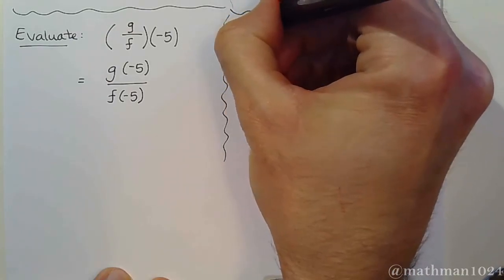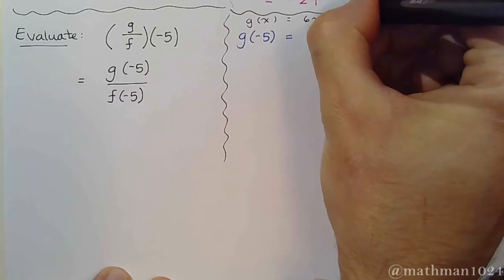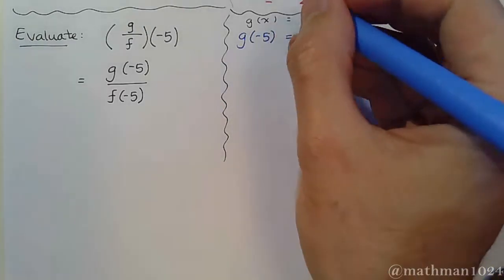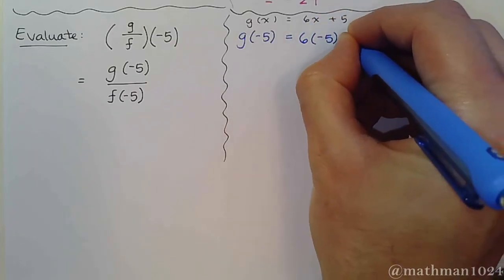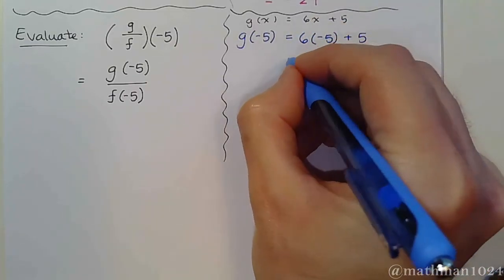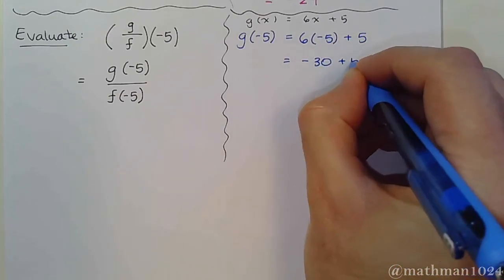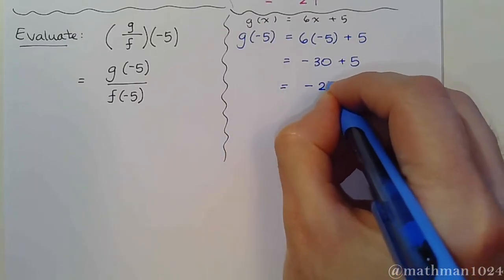You say, okay, g of x equals 6x plus 5. Now remember, that's g of x. When we say g of negative 5, the x is no longer there, and the x has been replaced with the input value of negative 5, like this. Working this out, we get negative 30 plus 5, which gives me negative 25.